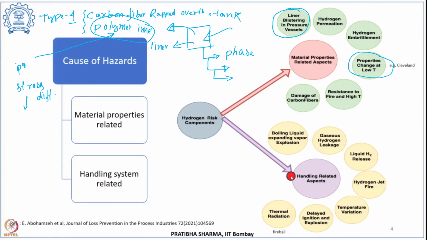Due to the different stress or stress concentrations in the polymeric material, it can fail, or it can create some liner blistering in the pressure vessel. Okay, these are the important things.